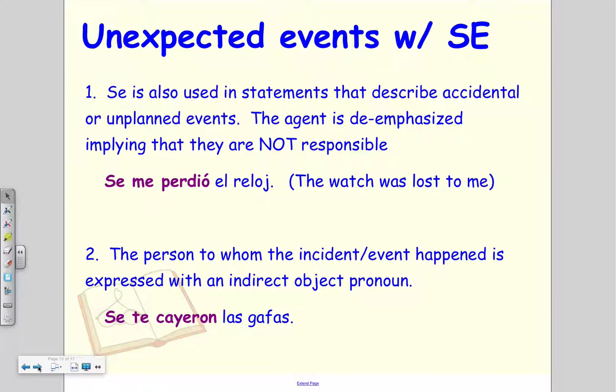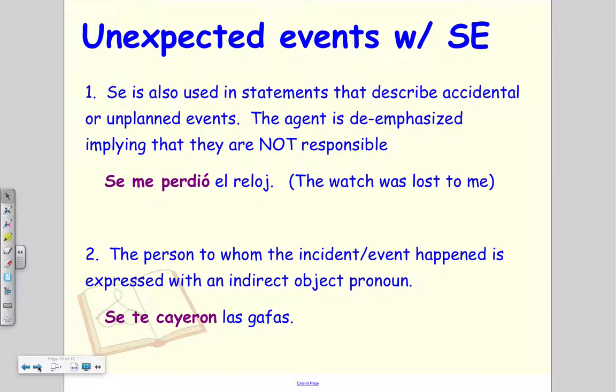Okay, instead of saying me rompí el brazo, or in my case el hombro, you would say se me rompió el hombro. Okay, I didn't break my shoulder. My shoulder was broken on me. Somebody else did it. Outside forces acted upon my body and broke my shoulder in half that day. Not really, but we can pretend.